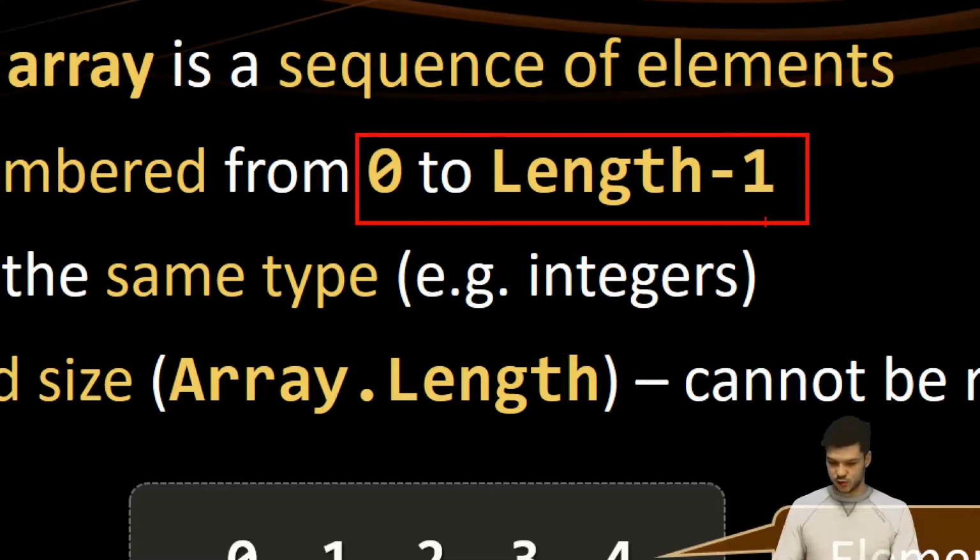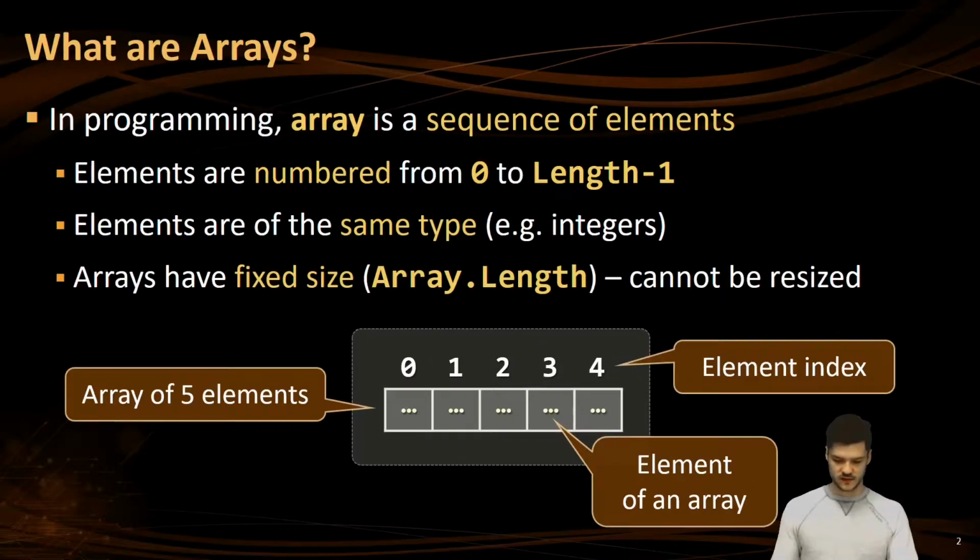Why length minus 1? Because we start from 0, we don't start from 1. If we started from 1, we would have from 1 to length, right? But right now, we have from 0 to length minus 1. So if we have an array with 5 elements, the last element will be at index 4, not at index 5.